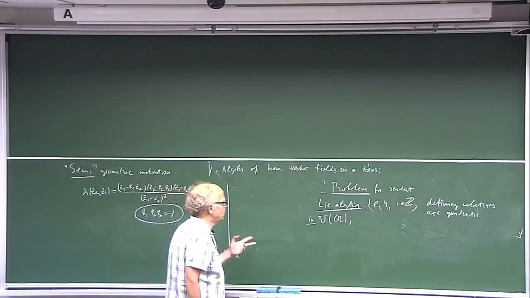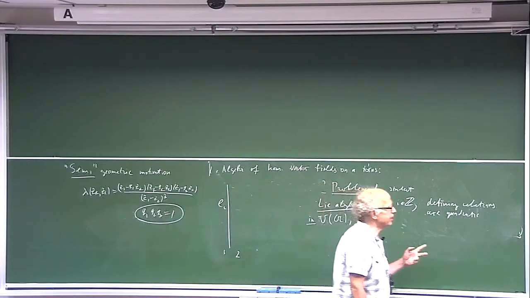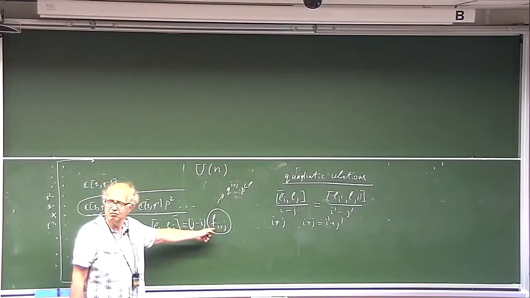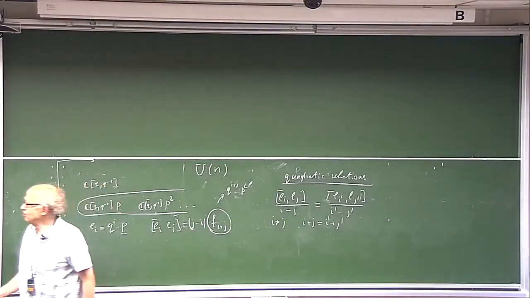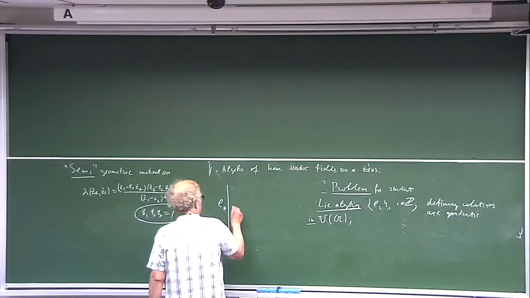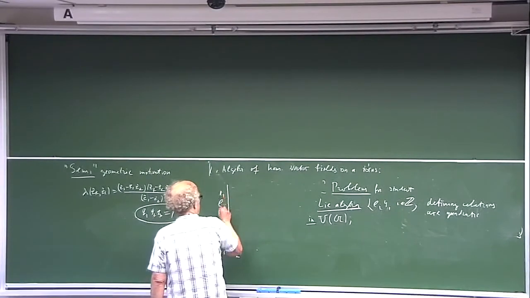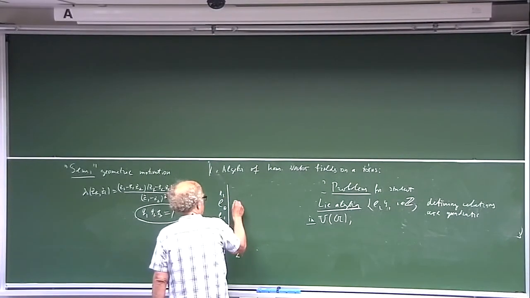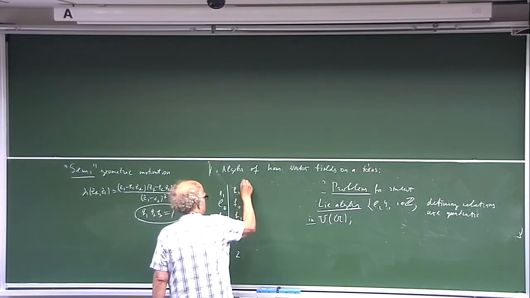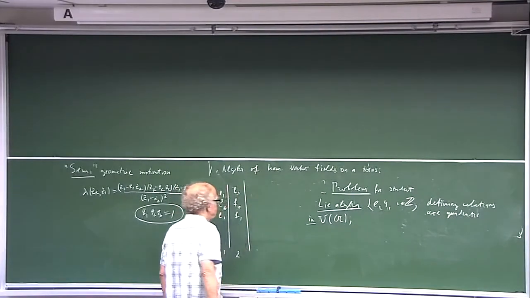In degree 2, we will have all brackets, and these brackets are this F. So in degree 1 I have this, in degree 2 I have this, 0, 1, minus 1, and so on.